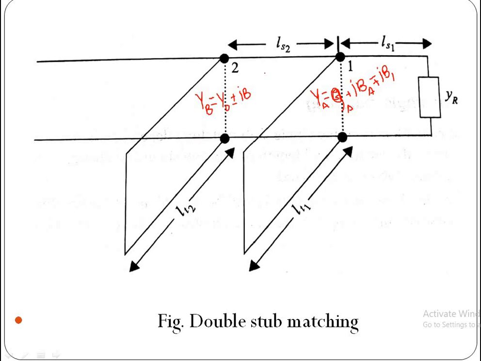Now this LS2 is selected in such a way that the real part of input admittance at point 2 is equal to Y0.